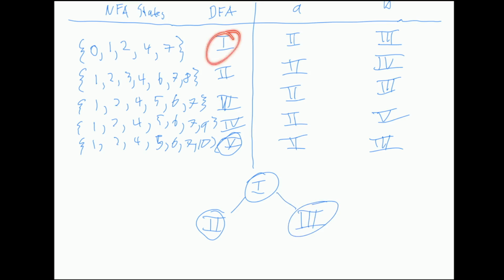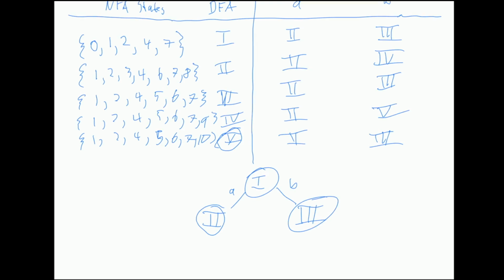State 1 goes to 2 or 3, depending on whether the input is A or B. If we're in state 2 we'll go back to state 2 if we see an A, but it'll go to state 4 if we see a B.